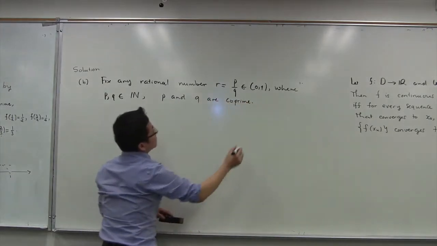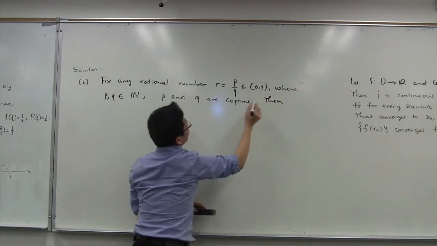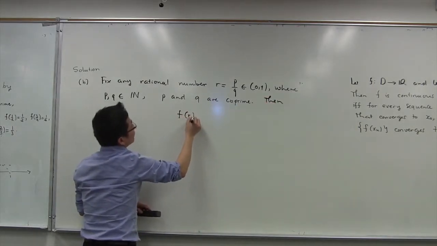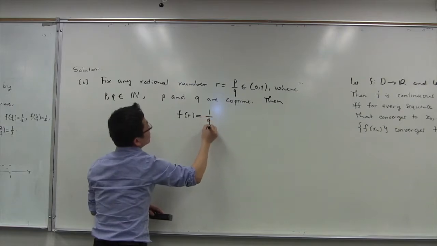Then f of r by the definition is 1 over q.